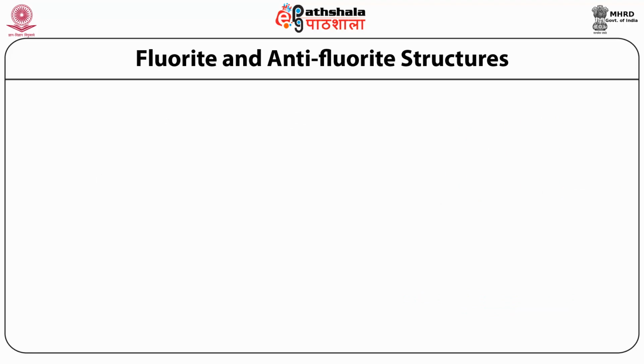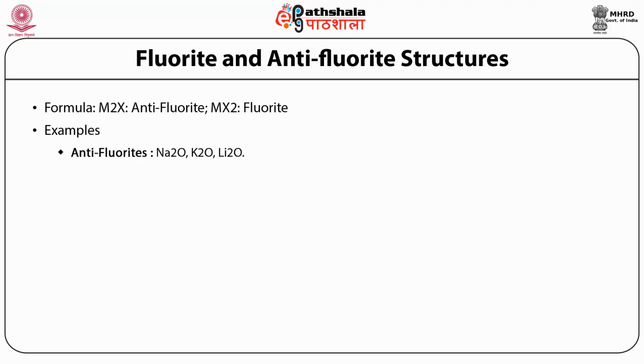Anti-fluorite and fluorite structures. The formula for the anti-fluorite structure is M2X, whereas for fluorites the formula is MX2. Some examples of anti-fluorites are Na2O, K2O, Li2O, and so on, whereas some examples of fluorites are CaF2, ZrO2, CeO2, and so on.